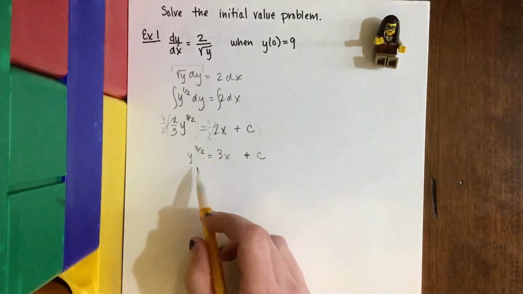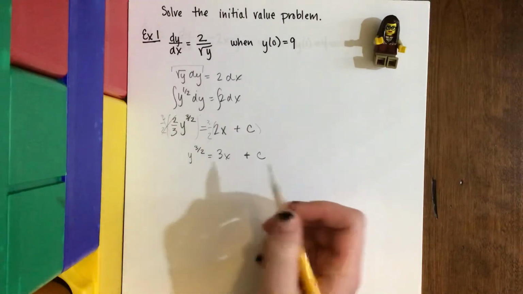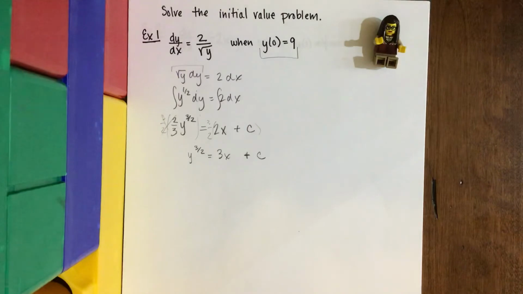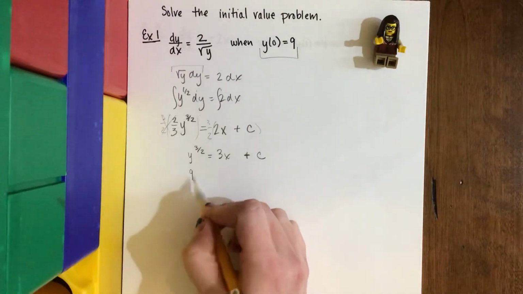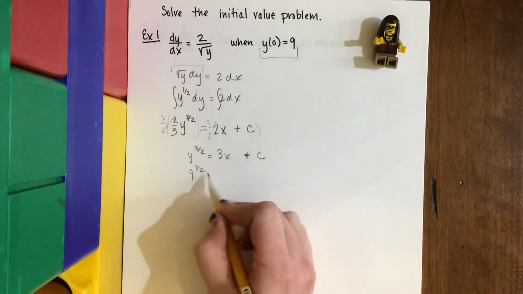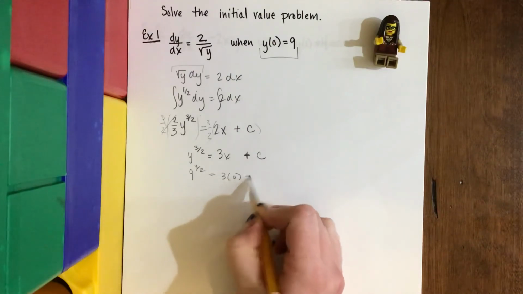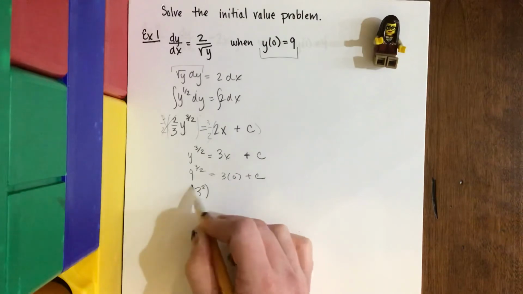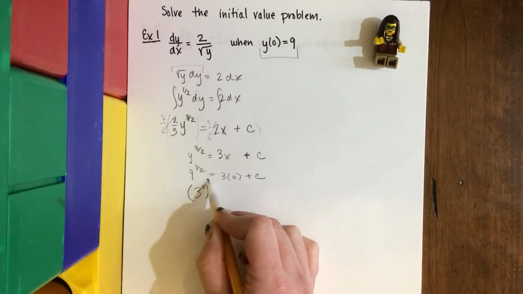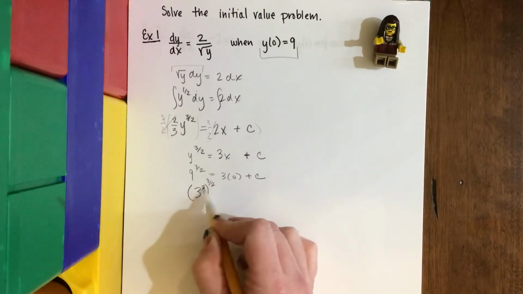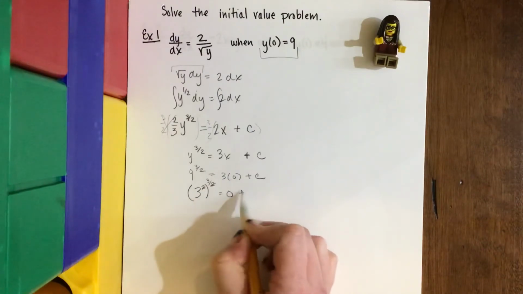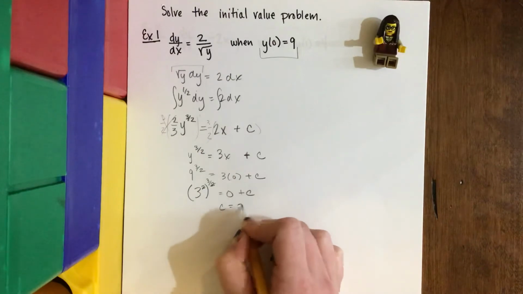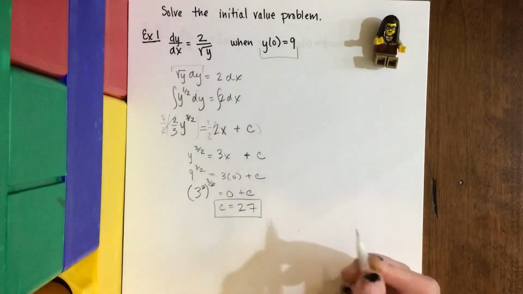When I do this, I'm going to take my x equals 0 and my y equals 9. So now I have 9 to the 3/2 equals 3 times 0 plus c. So I end up with 3 cubed equals c. So c is 27.